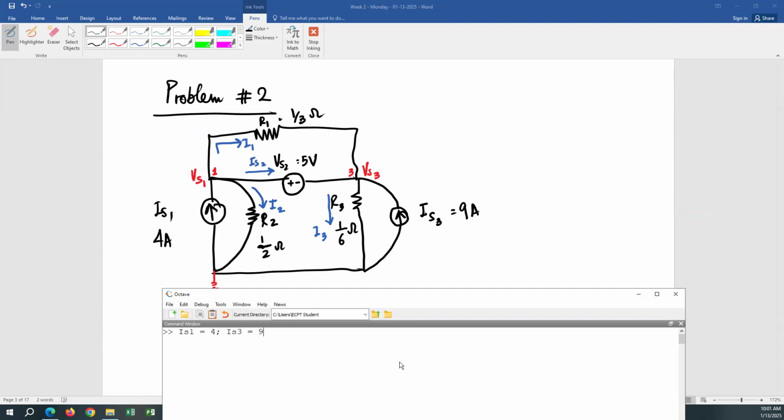IS3 equals 9. VS2 equals 5. R1 is 1/3, R2 is 1/2, and R3 is 1/6. These are all the values.